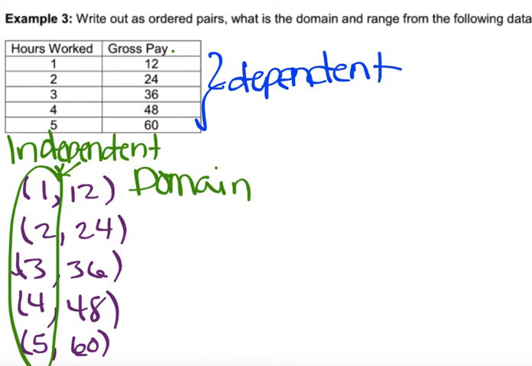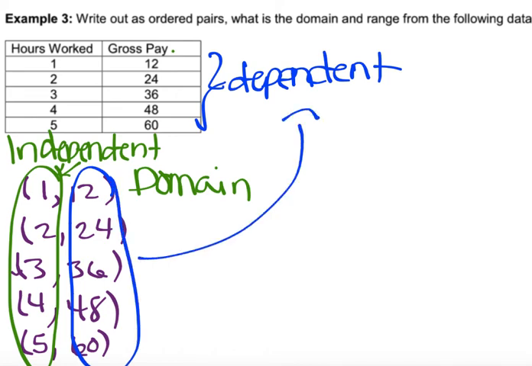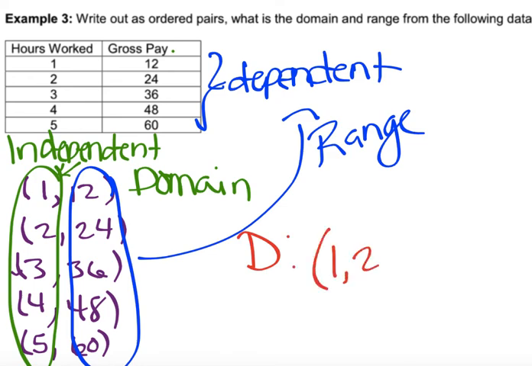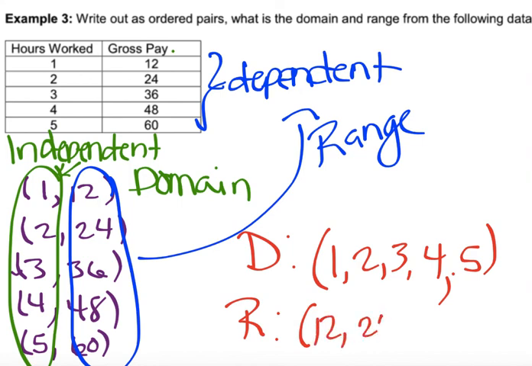The second ones are my dependent, so they are also my range. So the domain, D, is 1, 2, 3, 4, and 5. And my range, which we're representing with R, is 12, 24, 36, 48, and 60.